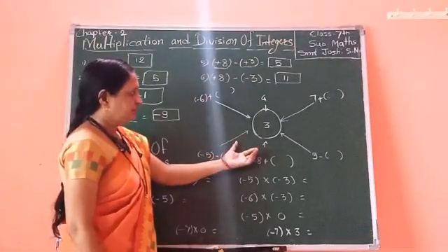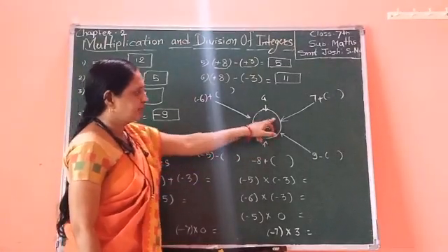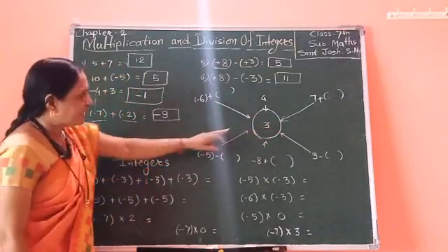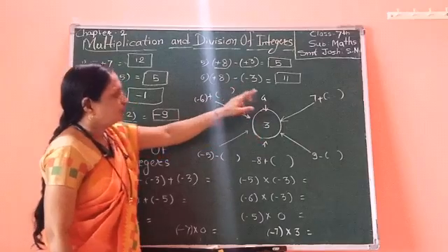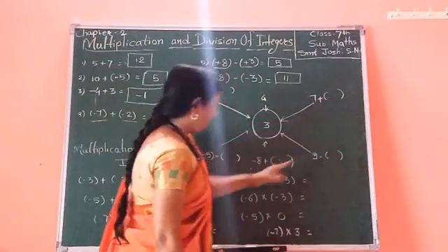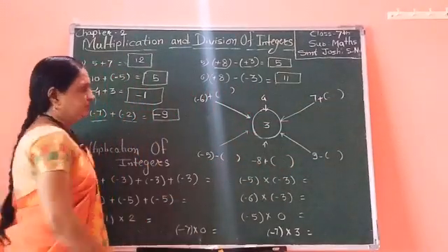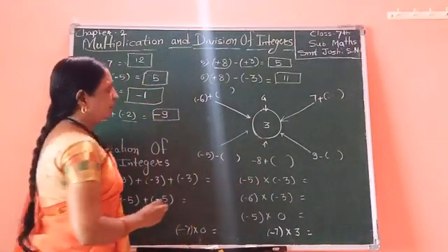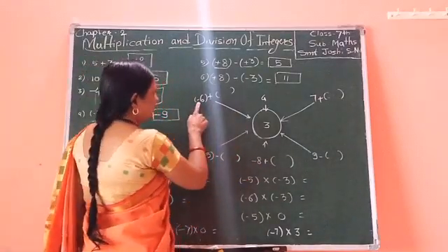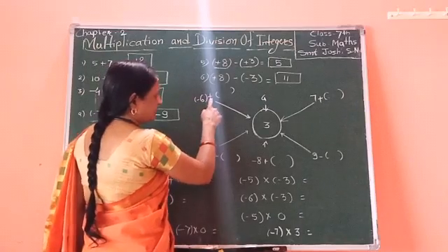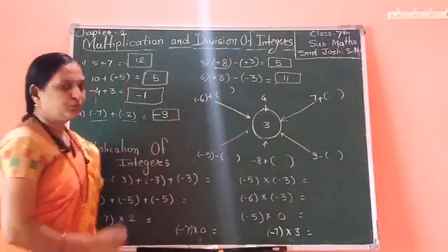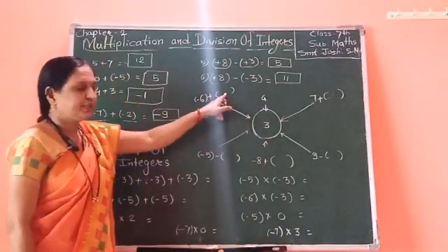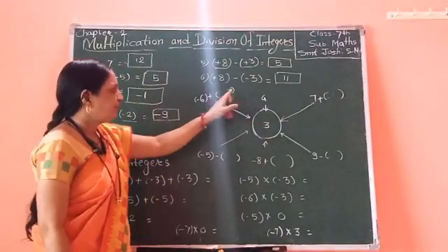See in this figure, the answer is 3. For getting the answer 3, we fill the blanks. Minus 6 plus dash dash to get the answer 3. Which number do we write in this bracket?